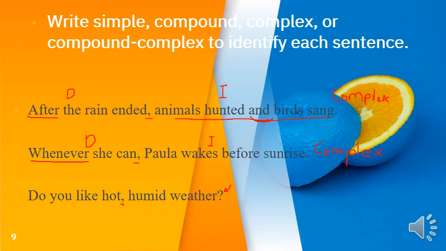Do you see any two sentences here? No. What about this comma? I am counting hot, humid, hot and humid. There is no and, there is no subject after the comma, nothing. It's only two adjectives, before the comma and after the comma. So I have here a very simple sentence.